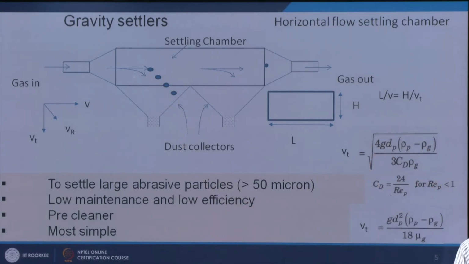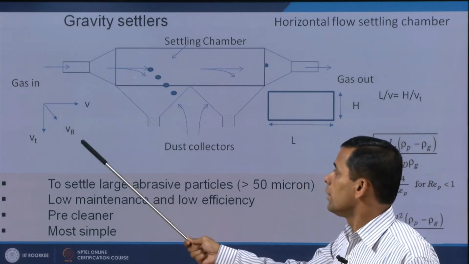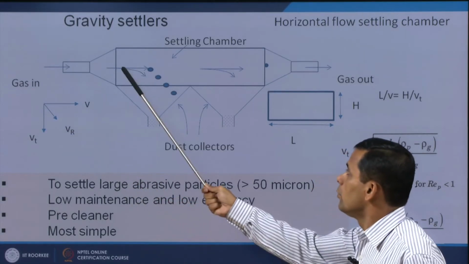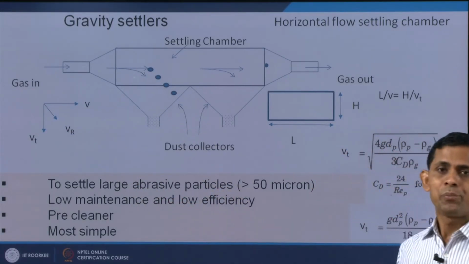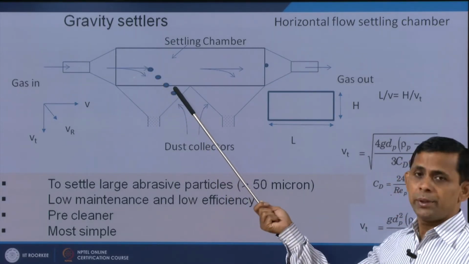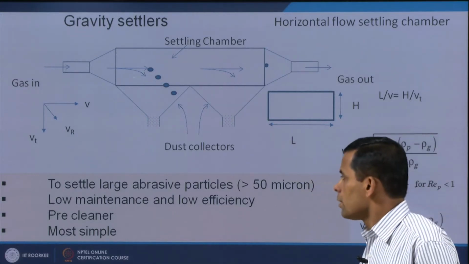So, it is experiencing two forces, and the resultant force gives us the resultant velocity. So, this particle will have a tangential movement. After travelling a certain distance, it will reach the bottom and be collected. This is the mechanism of the separation of particles in a gravity settling chamber.